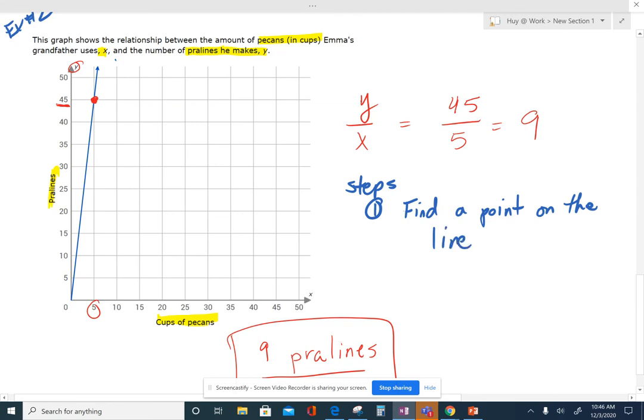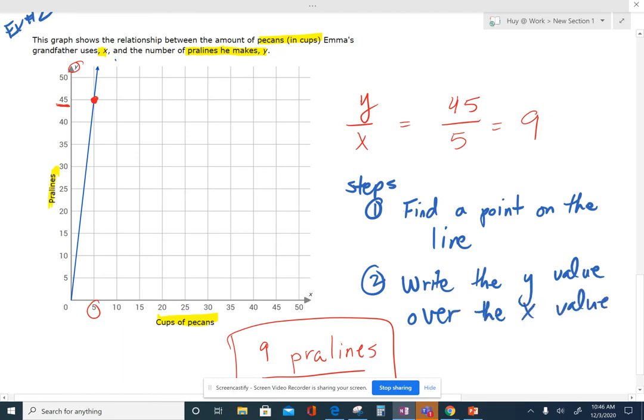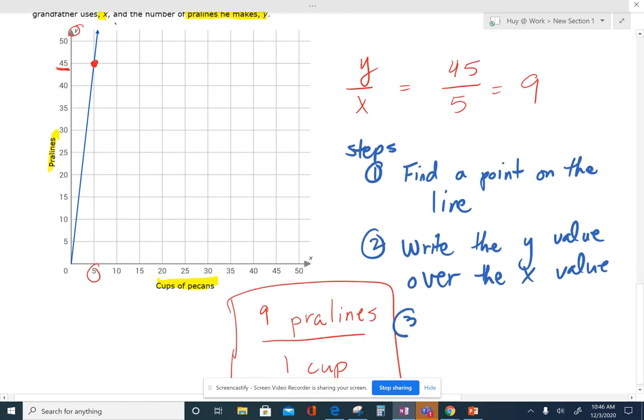And that's what we did right there. 2, write the y value over the x value. And then finally, 3, simplify if needed.